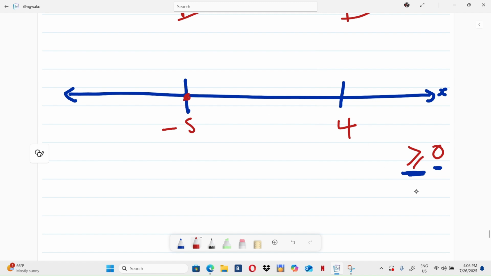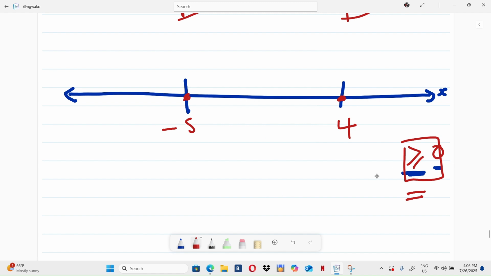So we already found the equal sign in this situation. We're left with the greater part. We want to know where it is greater, because we already found the equal part. That's how I like to think of it in a simpler way.